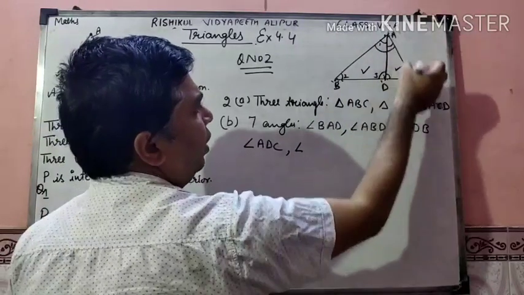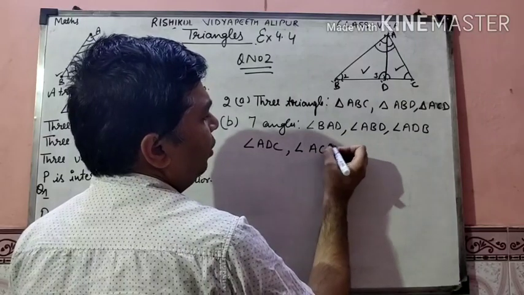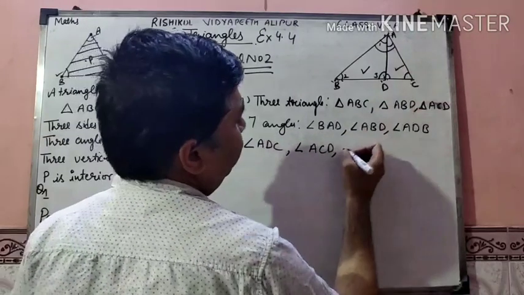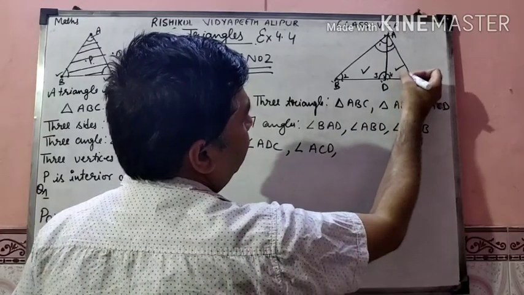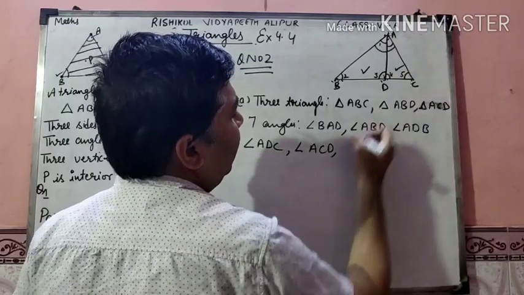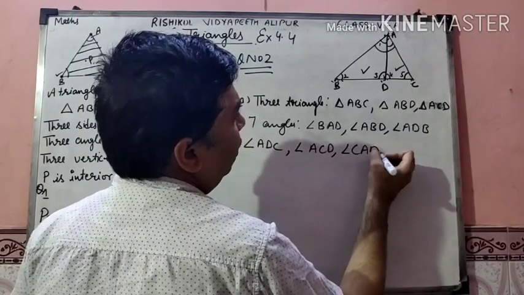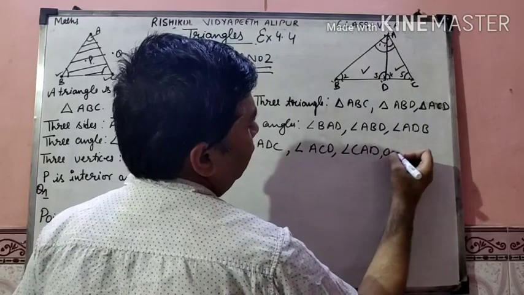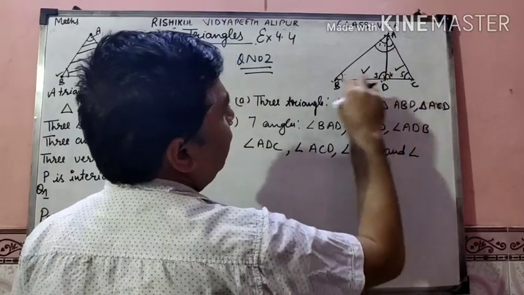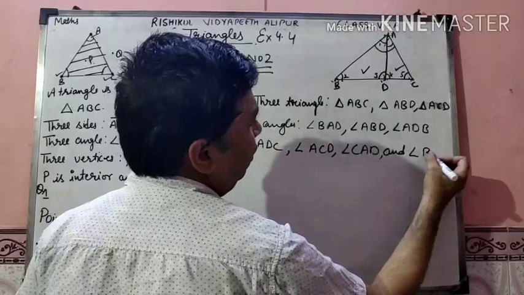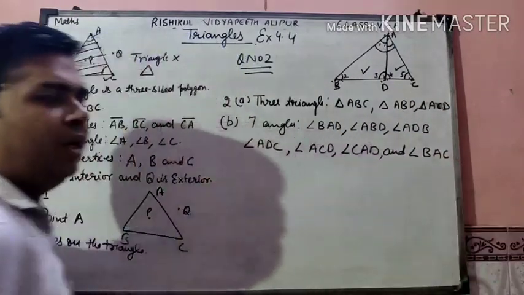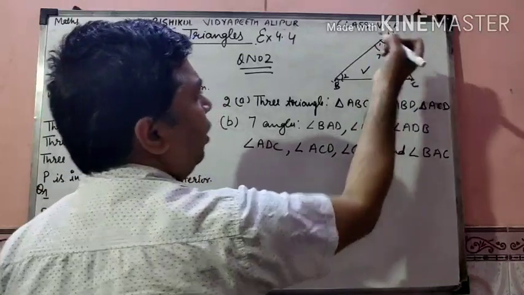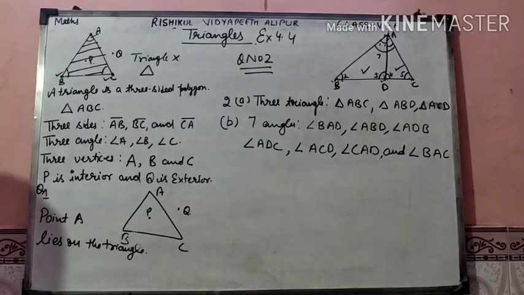Next one is ACD. Next one is CAD. And the last one is BAC. In this way you can find the 7 angles. First mark them and then write the names.